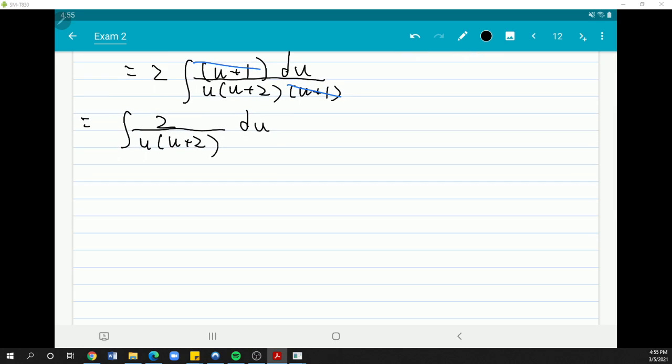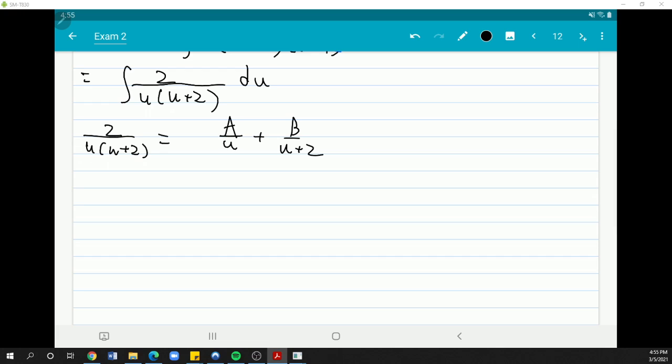So I say 2 over u times u plus 2 is equal to a over u plus b over u plus 2. Multiplying both sides, I get 2 is equal to a times u plus 2 plus b times u. And so we could solve for a and b, do a system of equations and all that.